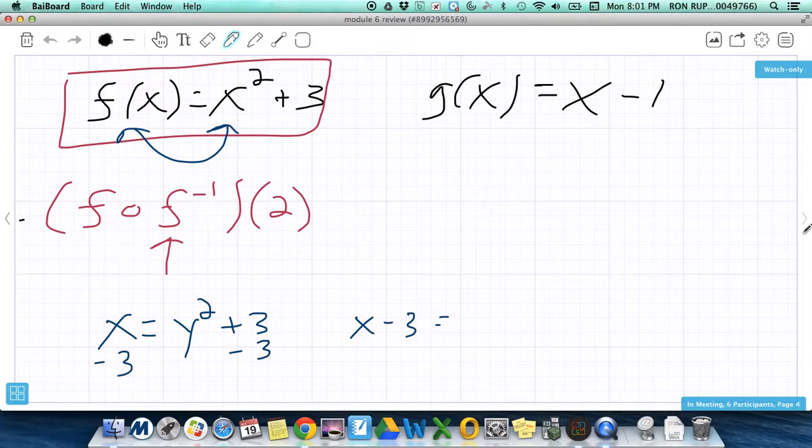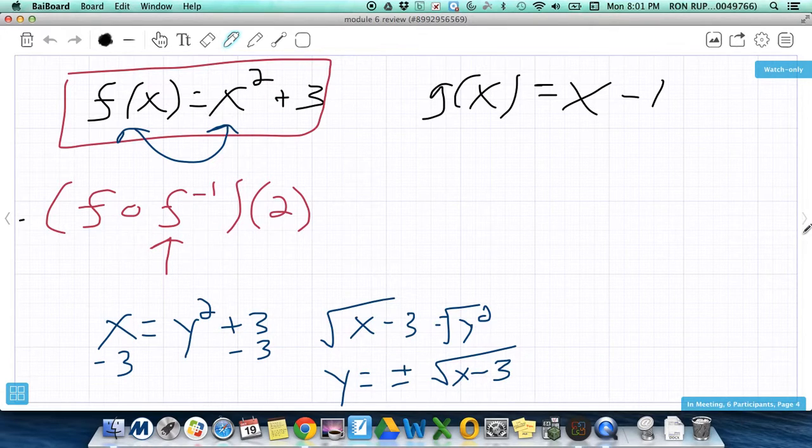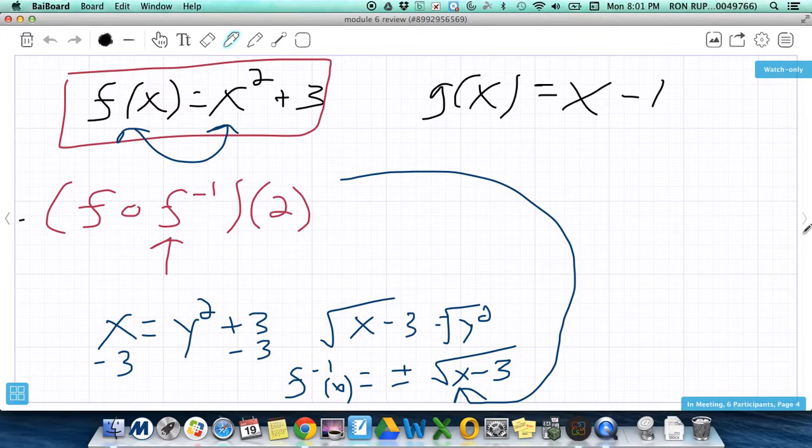I get y equals plus or minus square root of x minus 3. And so now that I have the inverse, I can change this y back to f inverse of x. And so now I'm going to take 2 and plug it into here. And so I get square root of 2 minus 3.